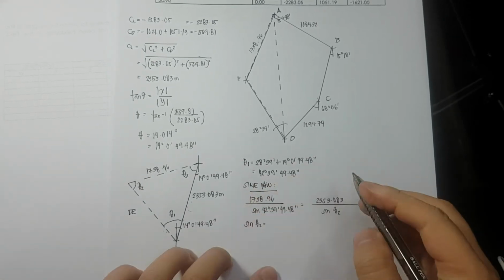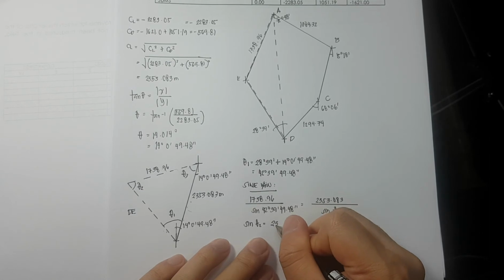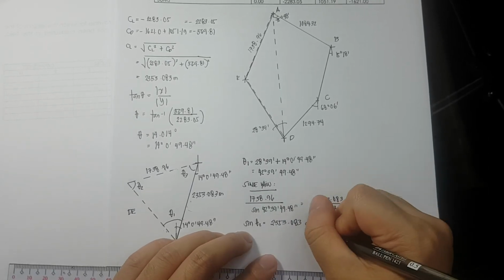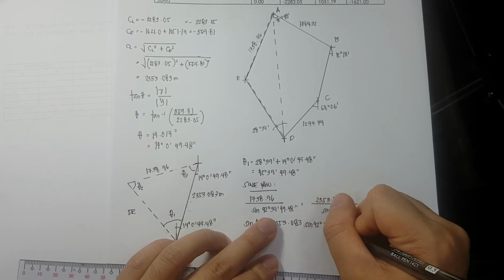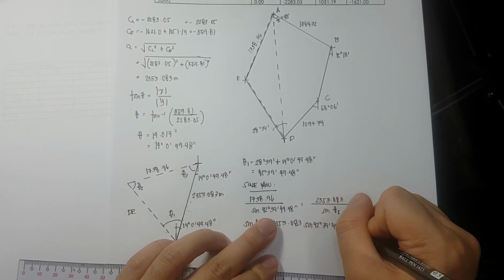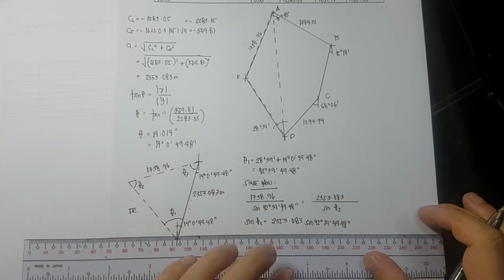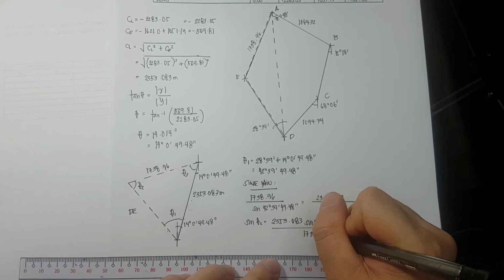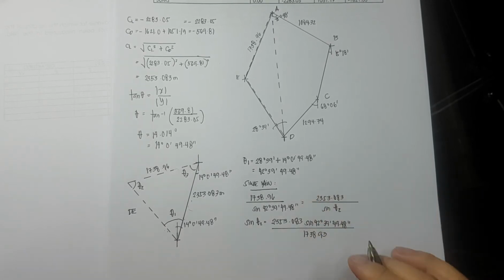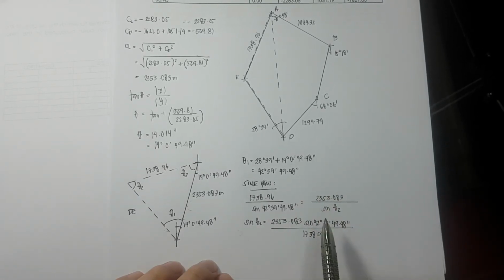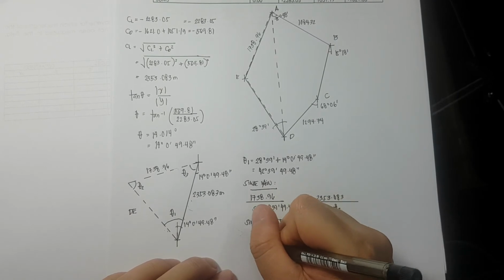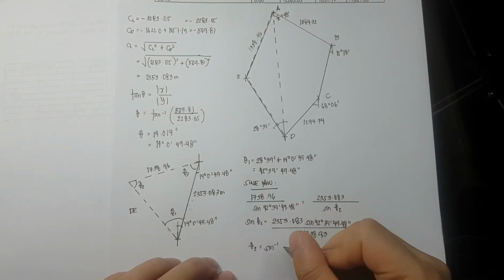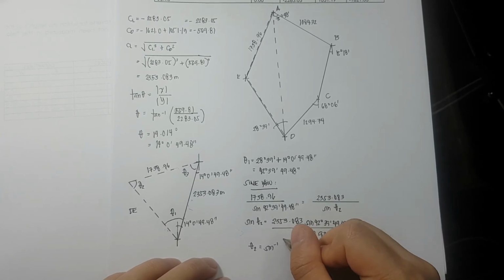Sine theta 2 is equivalent to 2,353.083 times sine 42 degrees 39 minutes 49.48 seconds divided by 1,738.96. Okay, then get the arc sine. Theta 2 is equivalent to arc sine of this value.